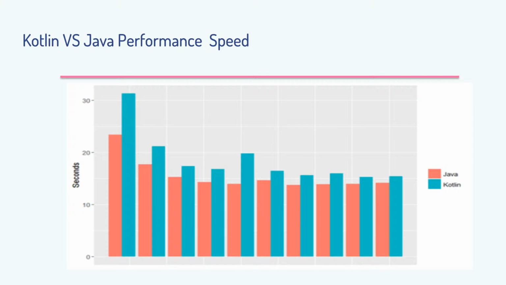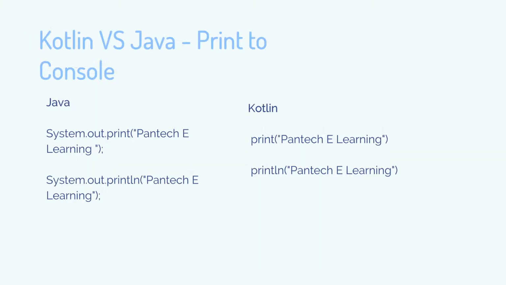Here we need to highlight the point of performance speed. And then here you can see how to print a string. We have both Java code and Kotlin code. In the Java code, we use System.out.println to print Pantech eLearning.